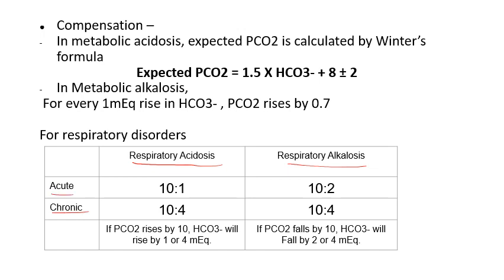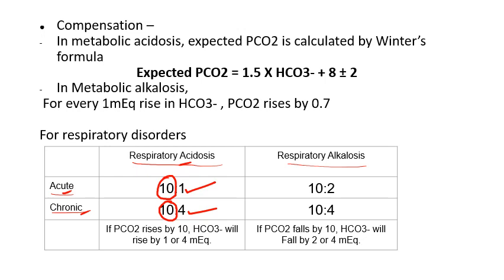For every 10 millimeters of mercury rise in partial pressure of carbon dioxide, the bicarb rises by 1 milliequivalent in acute respiratory acidosis. Likewise, for chronic respiratory acidosis, for every 10 millimeters of mercury rise in PCO2, the bicarb rises by 4 milliequivalents.